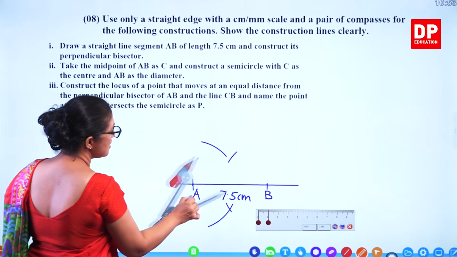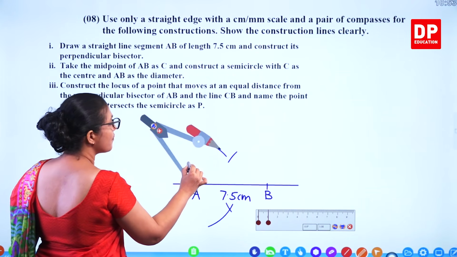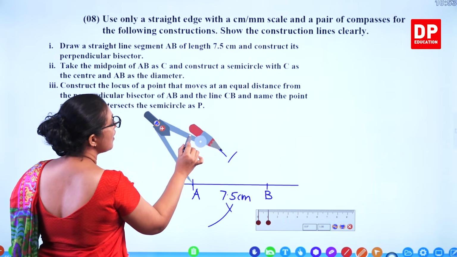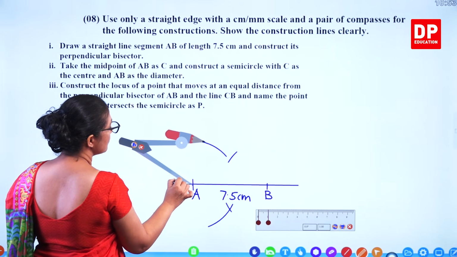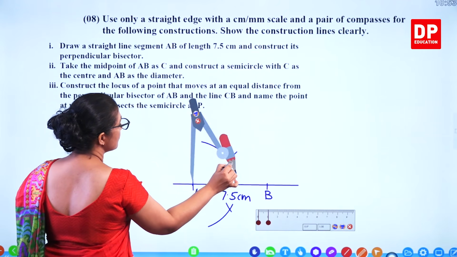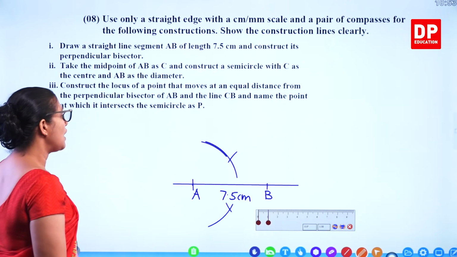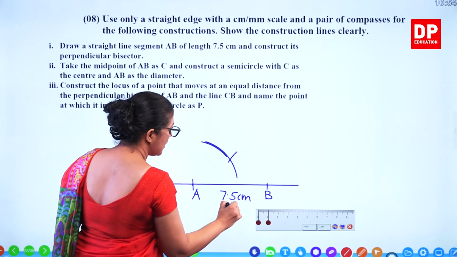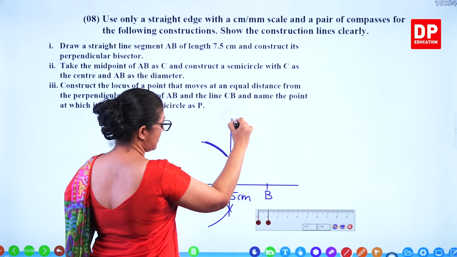You are not getting the intersecting point, so you have to draw it again. Continue this line again. Now you can connect with the ruler. That's the perpendicular bisector.